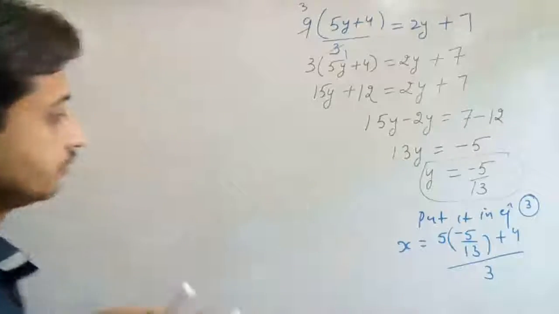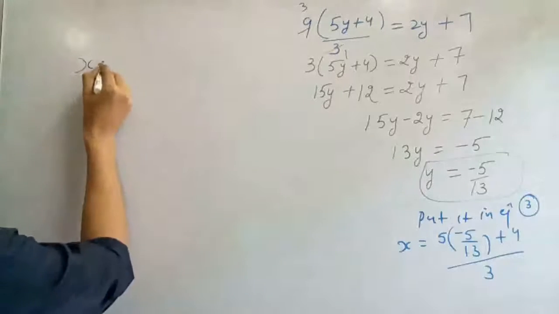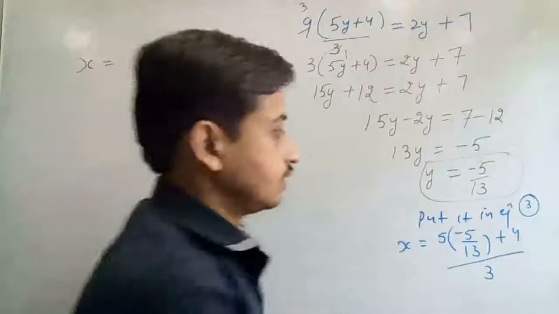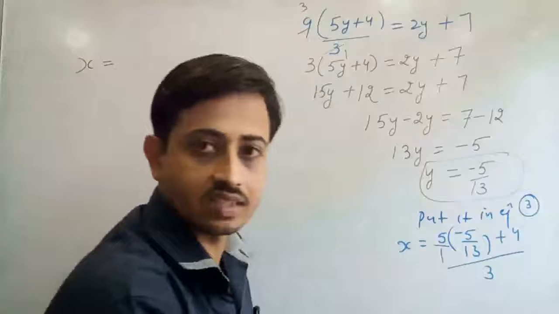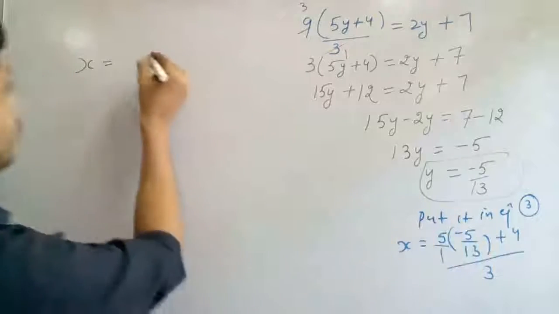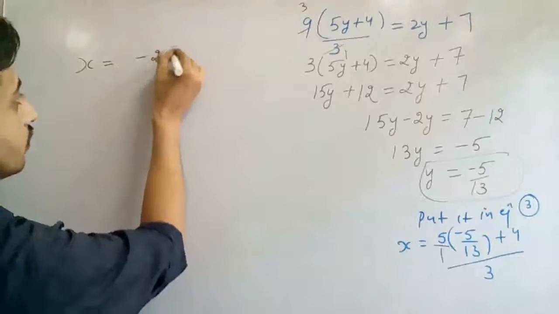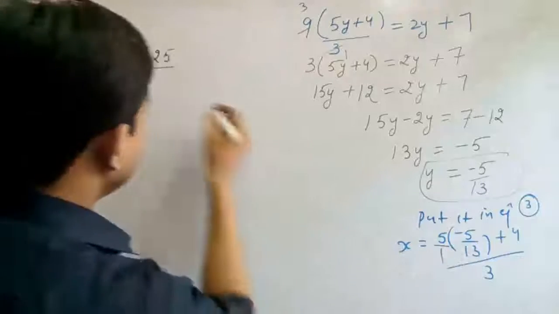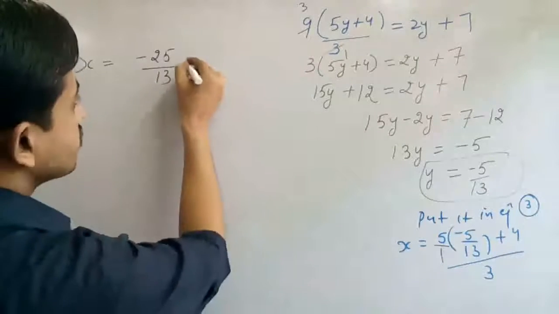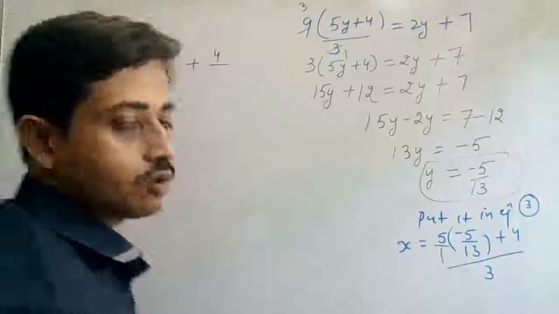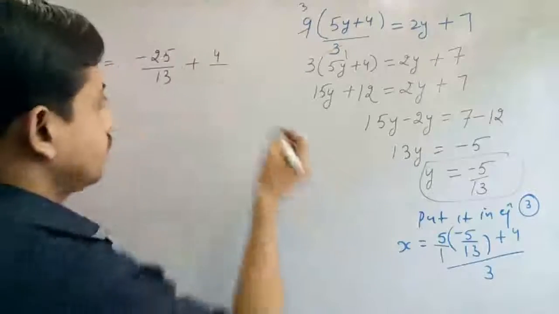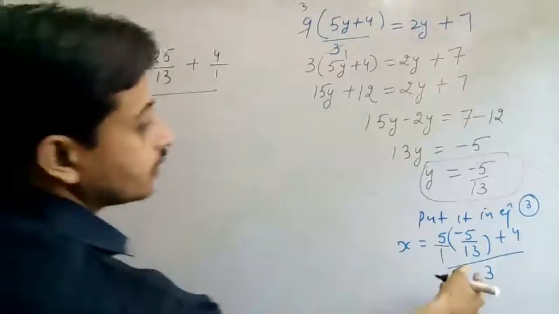Now I am solving here. X is equal to, this is rational, try to make it also rational. 5 into minus 5 we get minus 25, divided by 1 into 13 we get 13, plus 4, and 4 can also be written as 4 by 1, divided by 3.